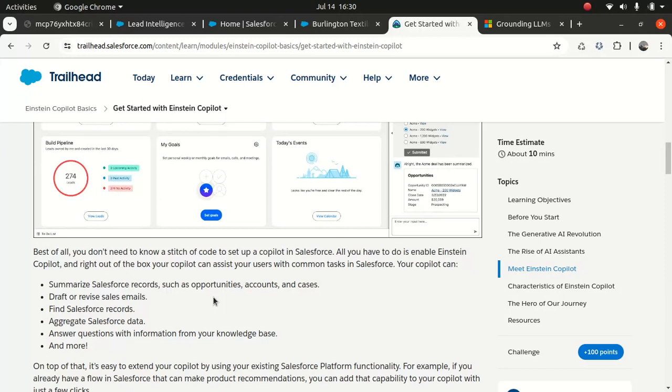Then you can find Salesforce records, though you don't really need a Copilot for that. You can do that even without using AI, but it's one of the capabilities. It can also aggregate Salesforce data and answer questions using information from your knowledge base.